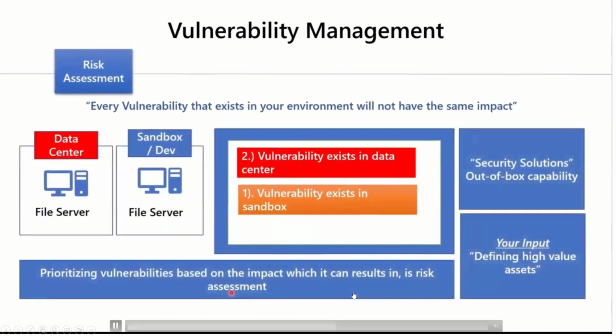Okay. This security solution has out-of-the-box capability, using existing databases that say which vulnerability has a high risk and which has a lower risk. It's just like a dictionary.